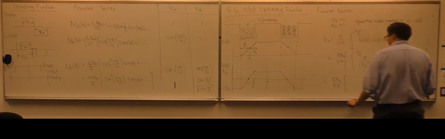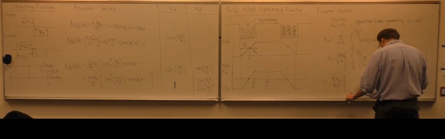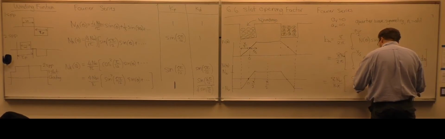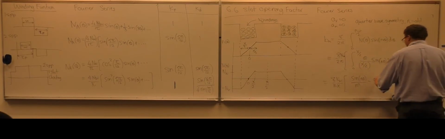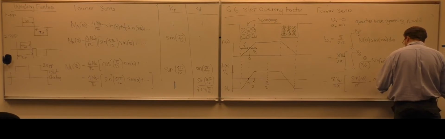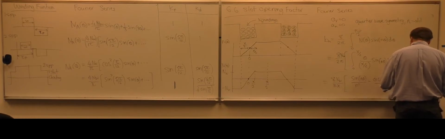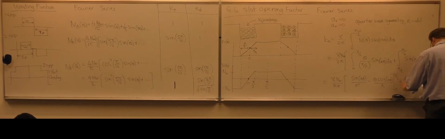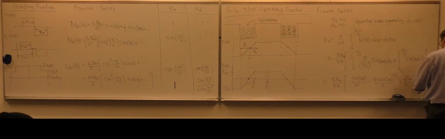So I've taken the x outside here, and so we have sine n theta divided by n squared minus theta cosine n theta divided by n, plus the integral of sine is minus cosine, from pi over 2 to x over 2.